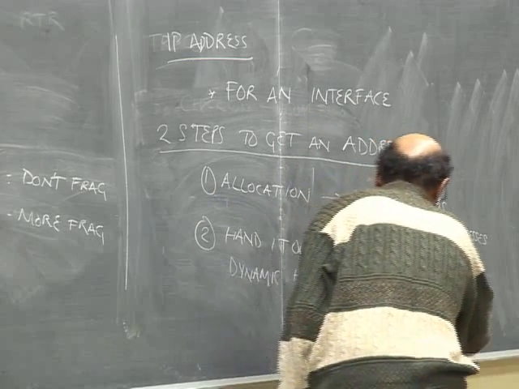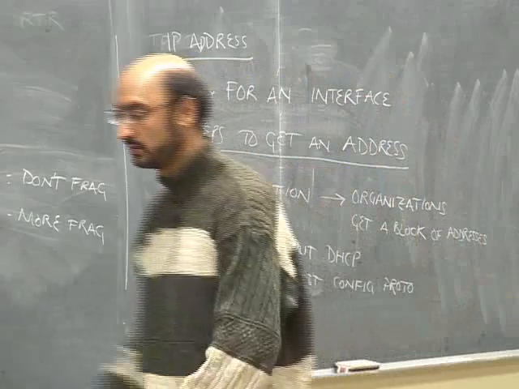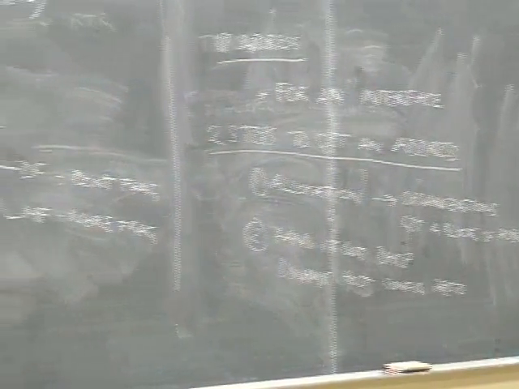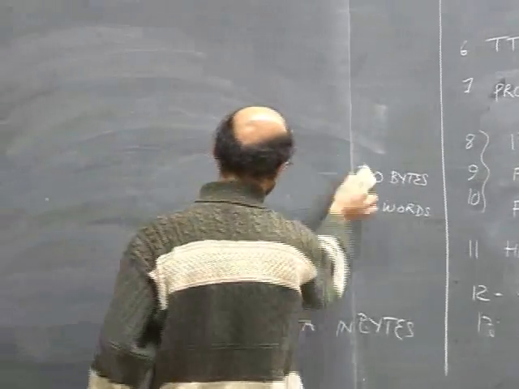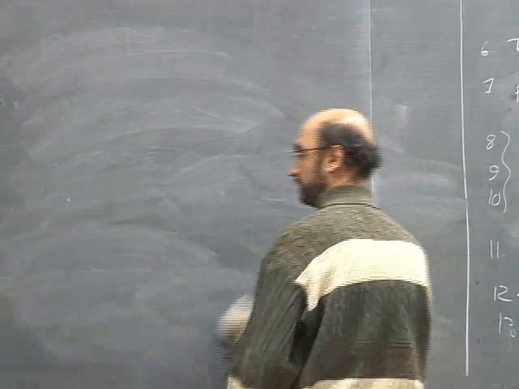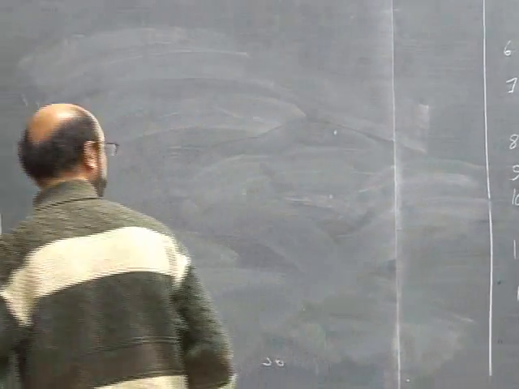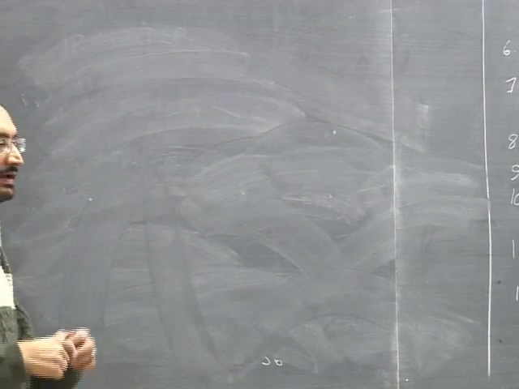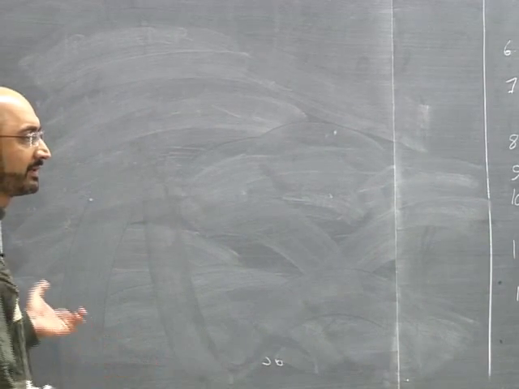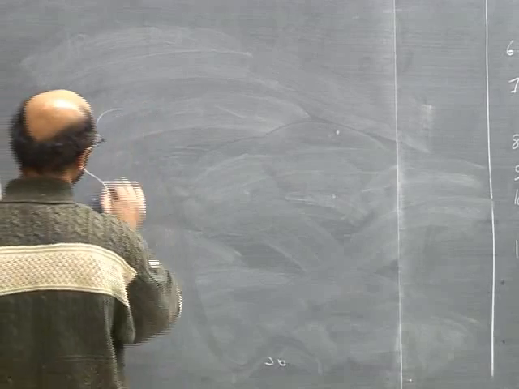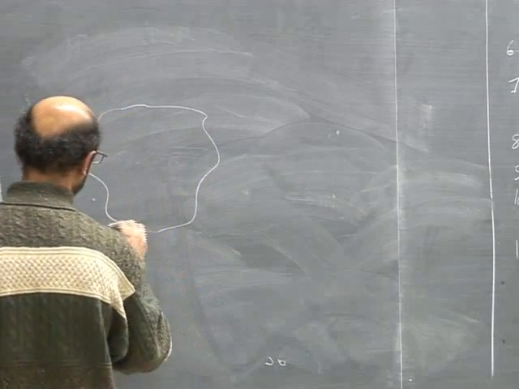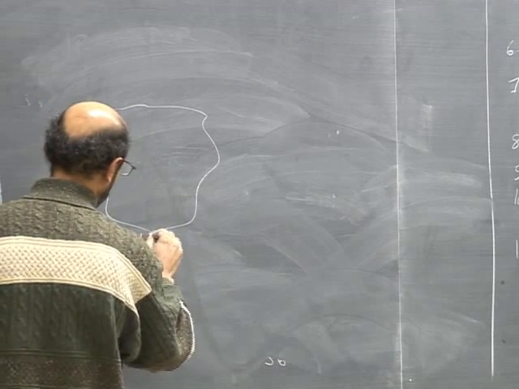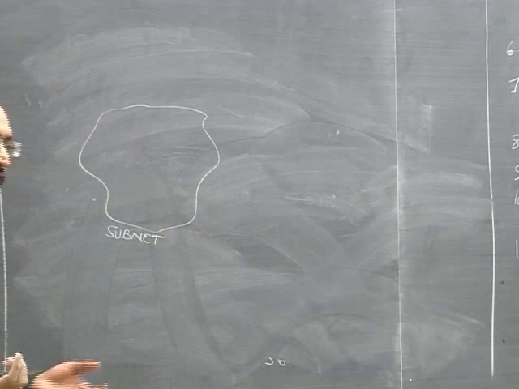Let me explain how that works. It's actually really, really simple. You remember my assumption that you can get to any address in the LAN, right? So I'm going to have some kind of local area network, or I should say, I can get any address in the subnet. So here's my subnet, and anybody can get to any address in the subnet.